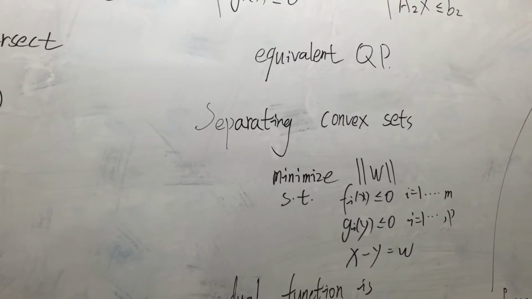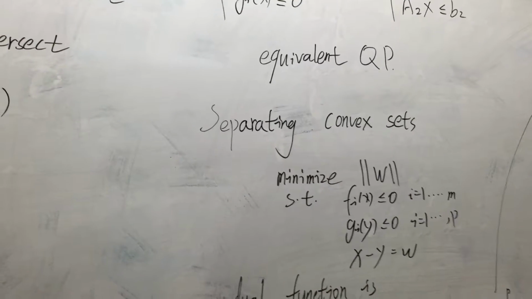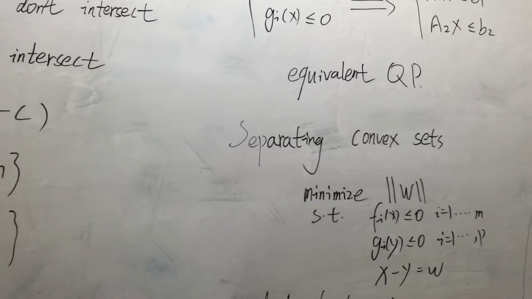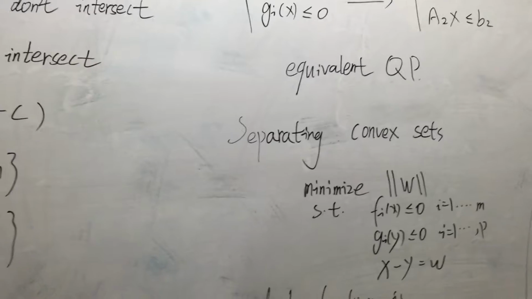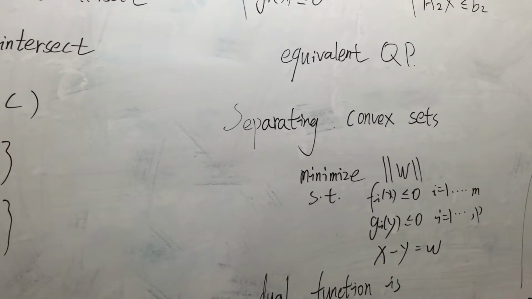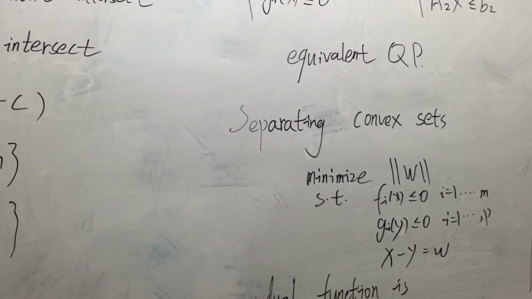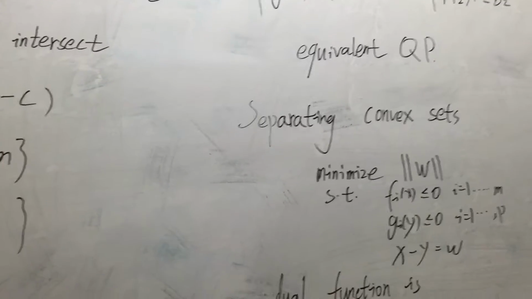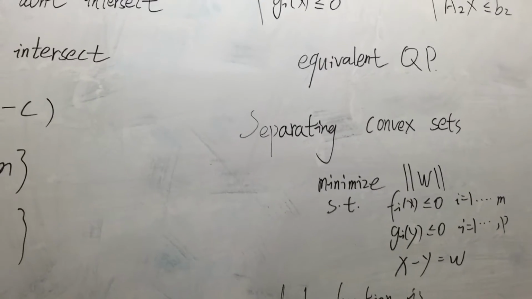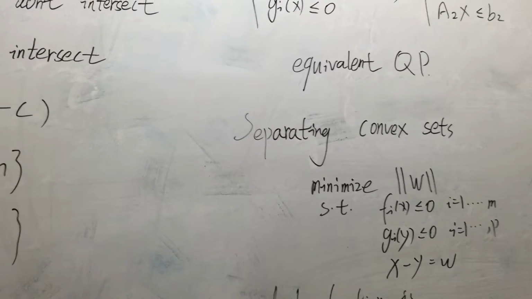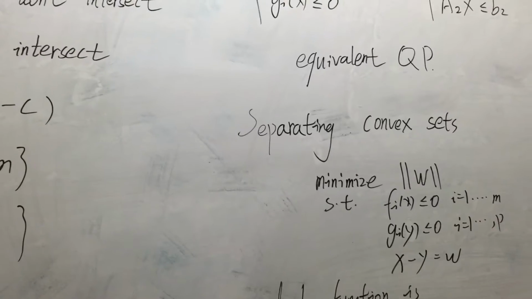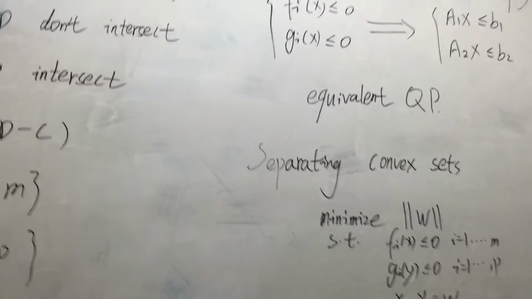So we see that z defines a hyperplane that strictly separates C and D. Therefore, if strong duality holds between the two problems, we can make the following conclusion: if the distance between the two sets is positive, then they can be strictly separated by a hyperplane.